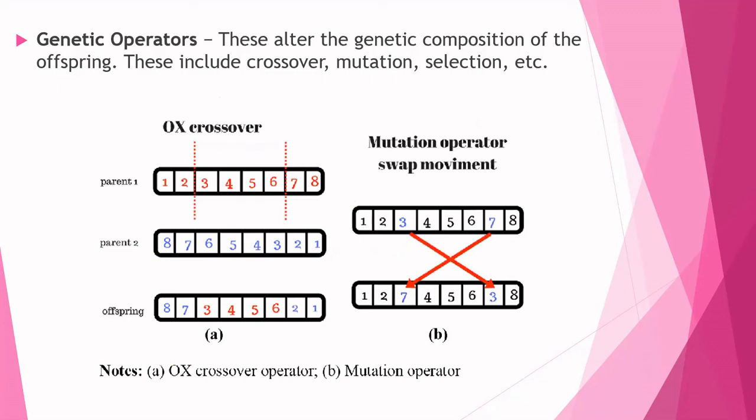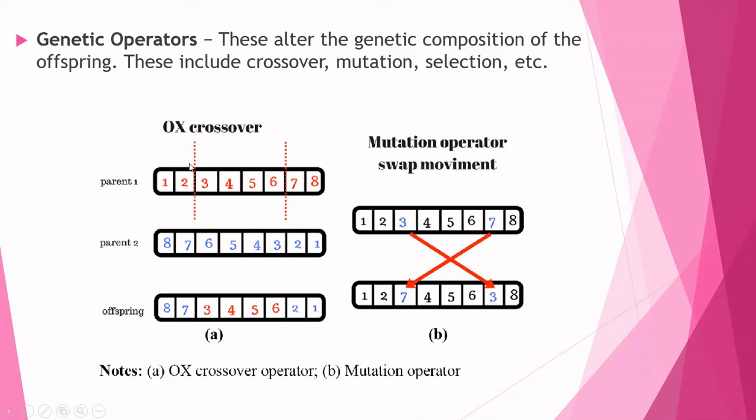These are the generic operators now. These operators, for composition of the offspring, include crossover, mutation, and selection. You can see on the left side, X is the crossover operator and B is the mutation operator. Parent 1, parent 2, and offspring. The offspring is the child of parent 1 and parent 2. The crossover happened. These are the values of the genes 1, 2, 3, 4, 5, 6, 7, 8.